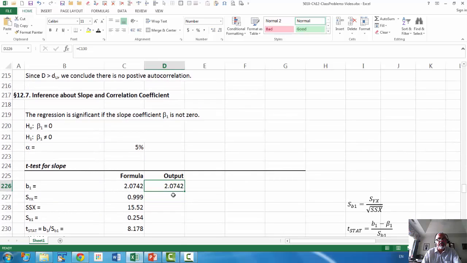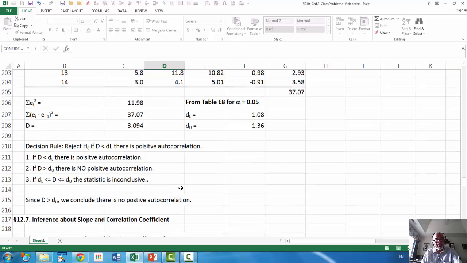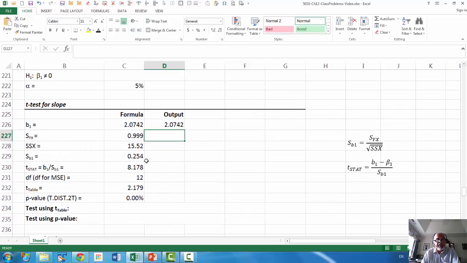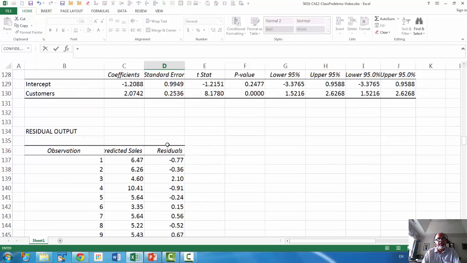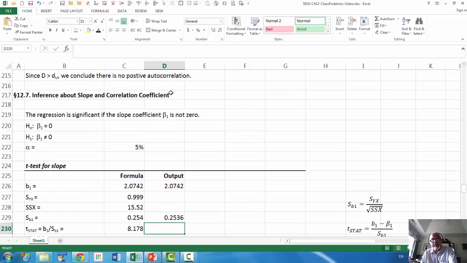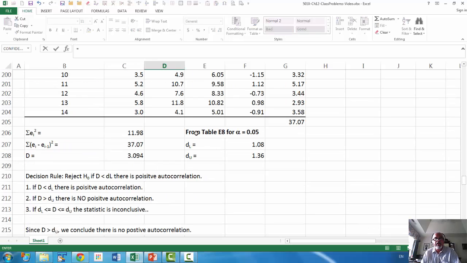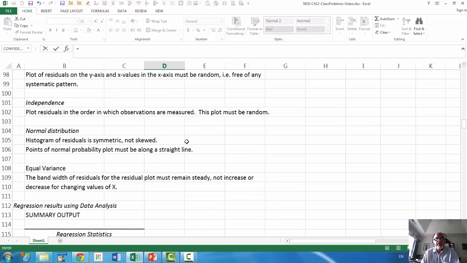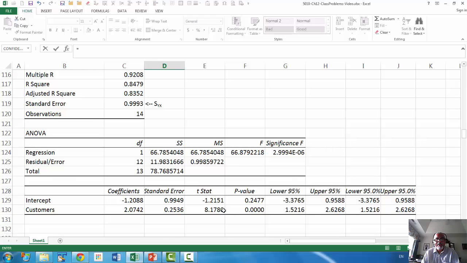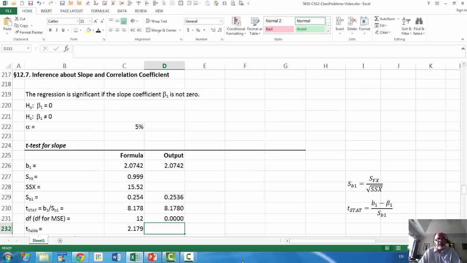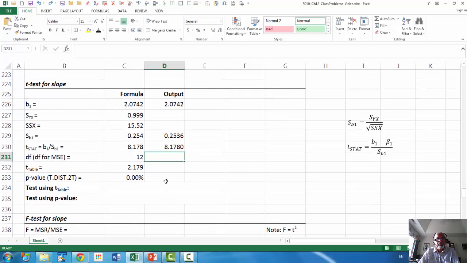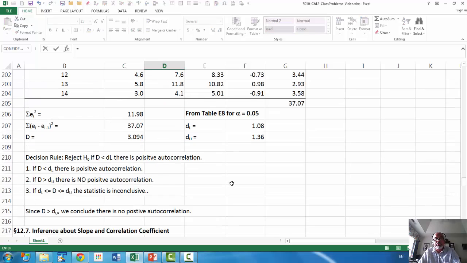So C130, then D130 is S sub b sub 1, E130 is the t-stat, and F130 is the p-value.